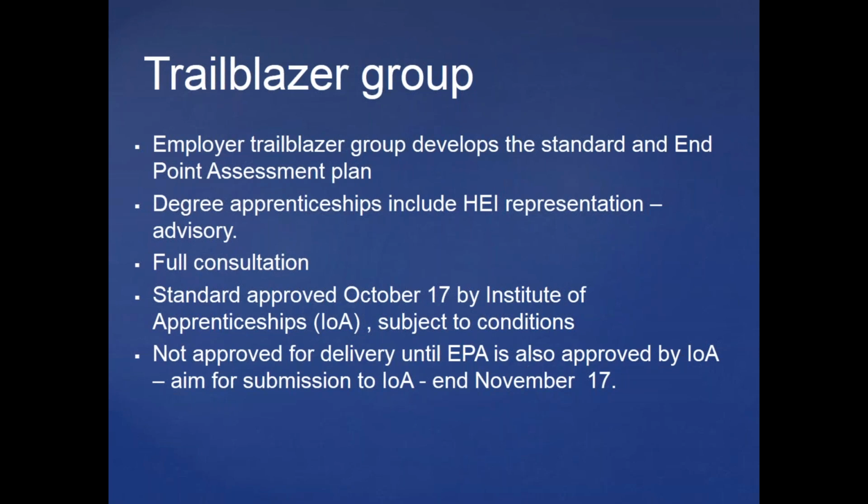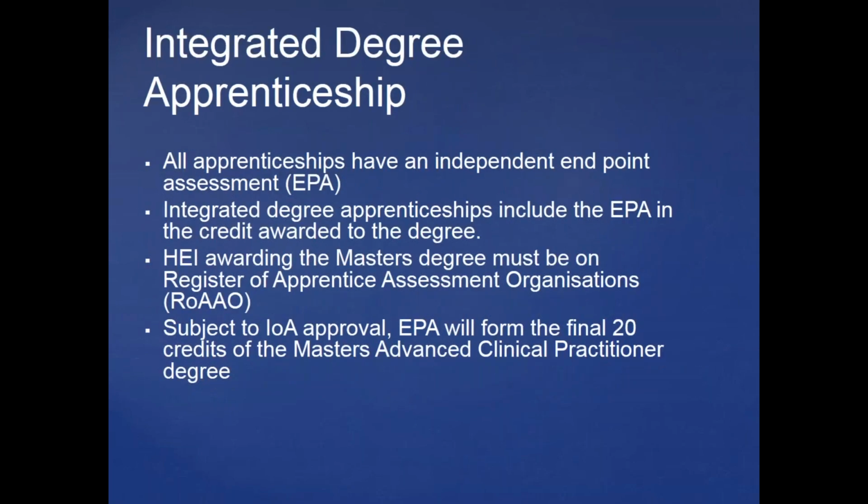So we aim for the endpoint assessment to be submitted to the IOA at the end of next month, end of November 17. But obviously that's at the beginning of its journey, and it could be a few months or period of time before that is also approved.